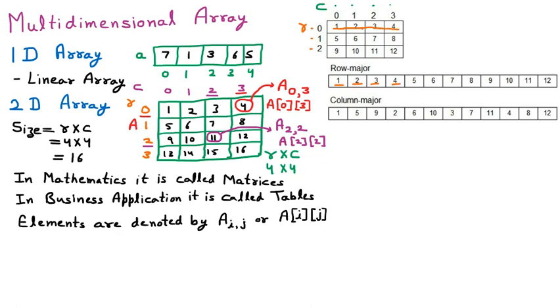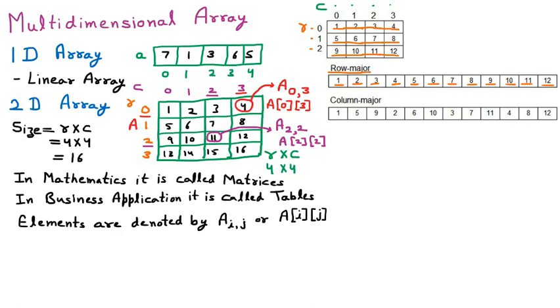Then afterward we are coming to 5, then 6, then 7, 8, then going after that 9, 10, 11, 12. Now you can see that we are going row by row, means by rows we are going to traverse these elements. So this is called the row major.